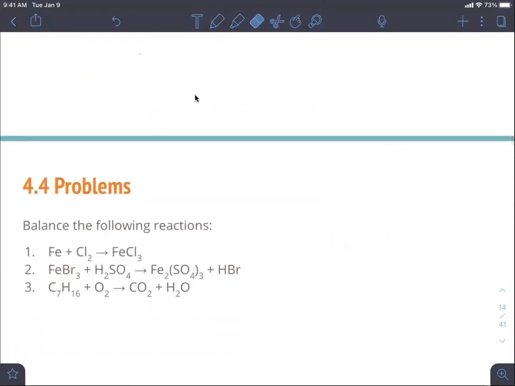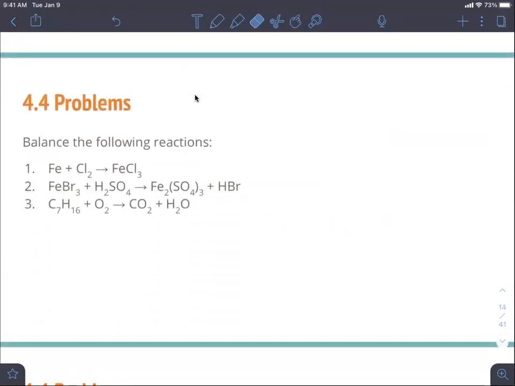Okay, so here are just some balancing problems. I'll give you a minute to do these and then I'll show the answers.